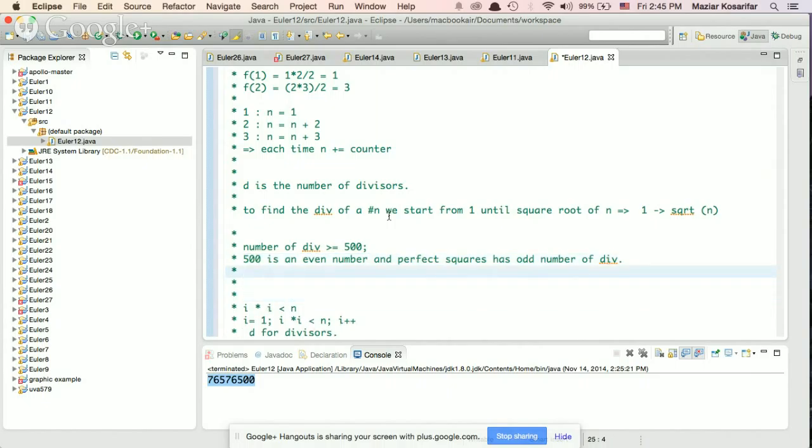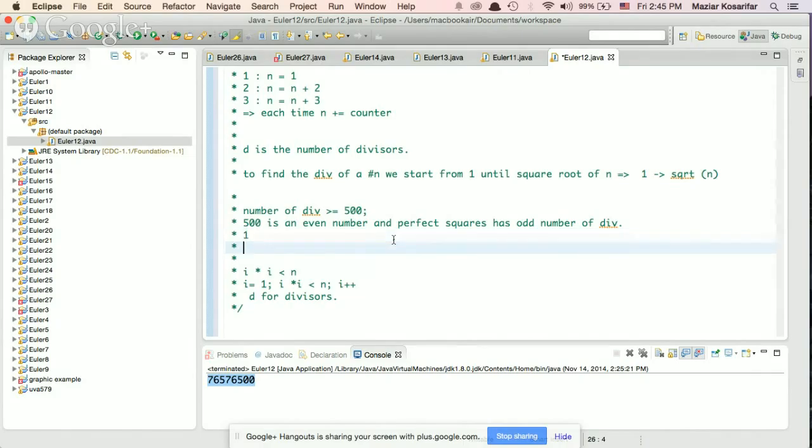So then we start our for loop from 1 until the time that i times i is less than n. As I mentioned, we don't care about square roots, so we don't need to put i times i less than or equal to n, because the equality here is not important, and ignoring that will not give us a wrong answer, because it just cannot be a perfect square.